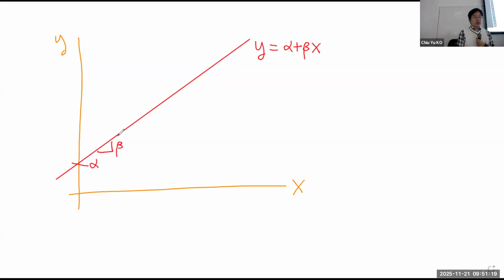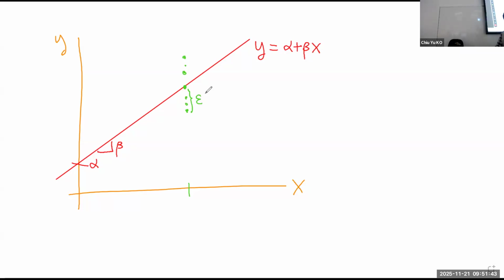But we know the world is not so perfect. Every time you have the data, even when they have the same X, most likely it's here, but sometimes it's here, sometimes here, sometimes here. And why are they different? It's called epsilon. Of course, different observations have different epsilon.